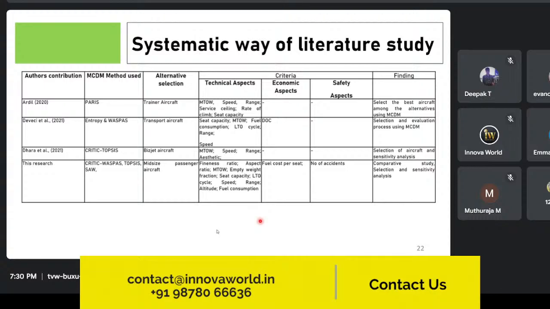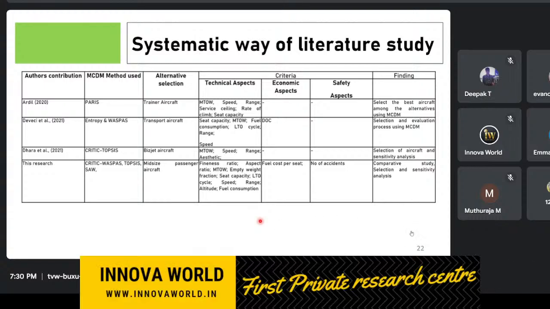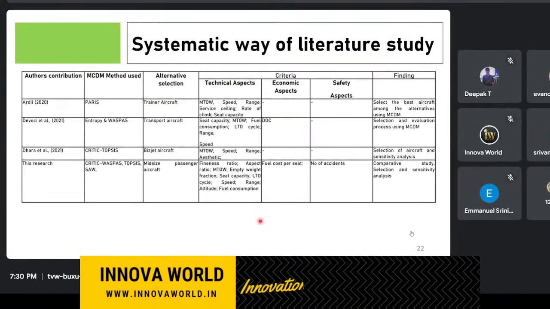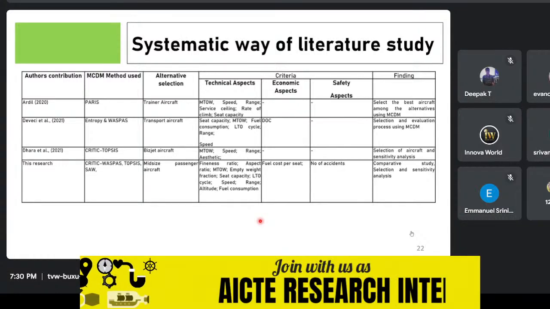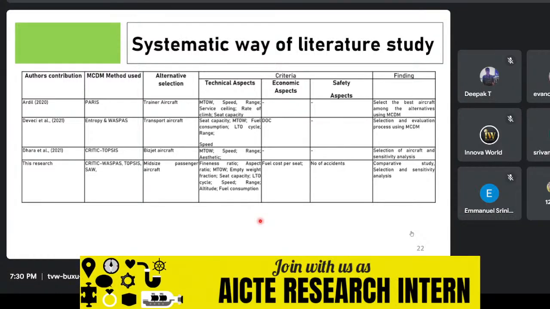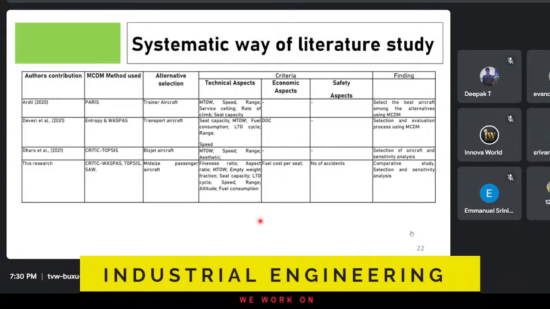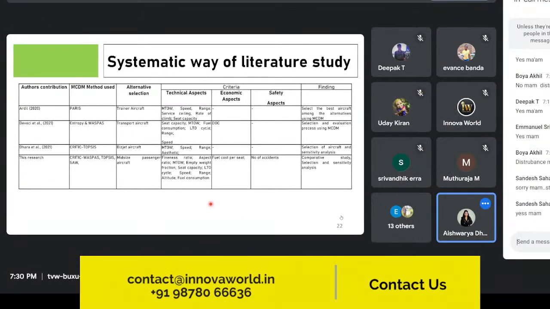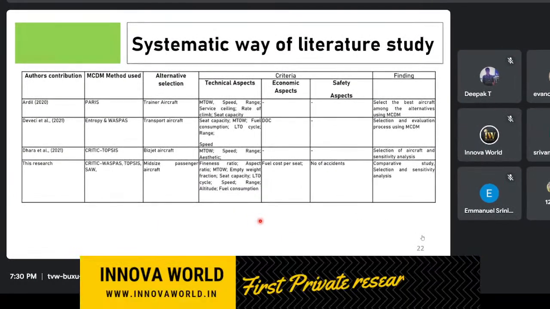Any question from this particular slide? Do you have any question from this particular slide? I hope you are following and you will maintain the same when you are working on your particular research work. My dear students, do you have any question from this? Please write in the chat box.